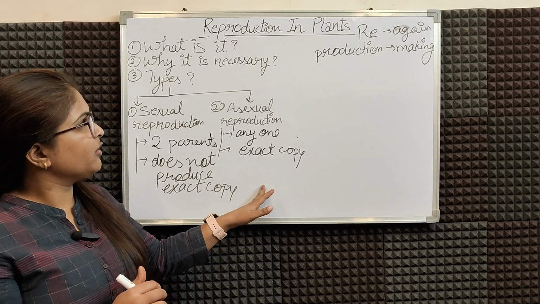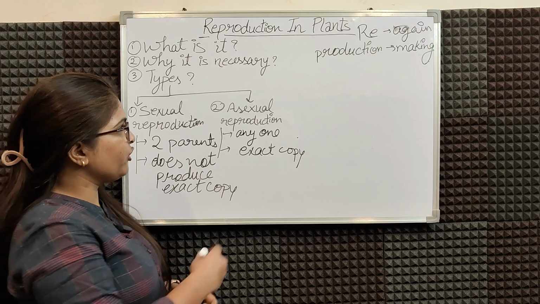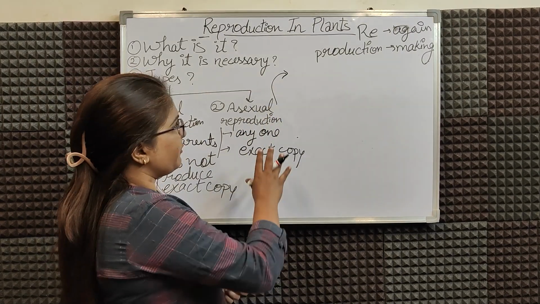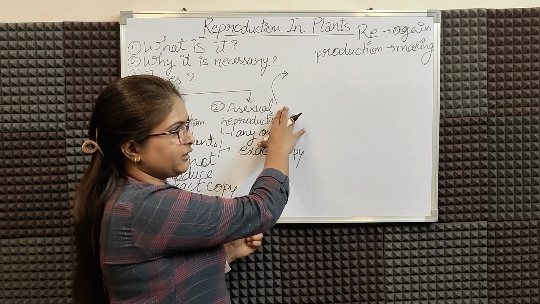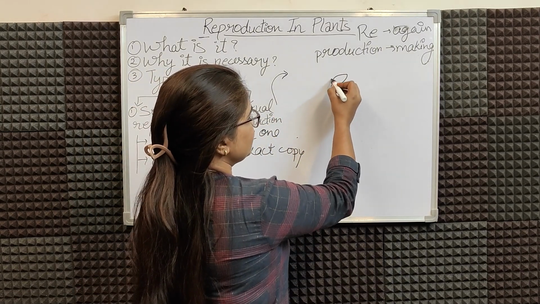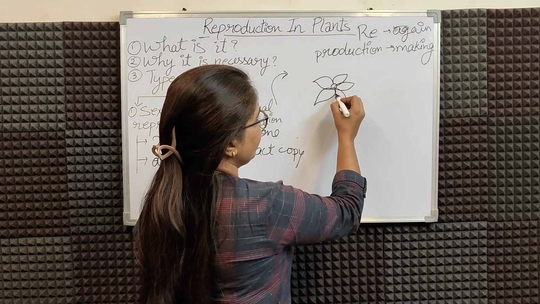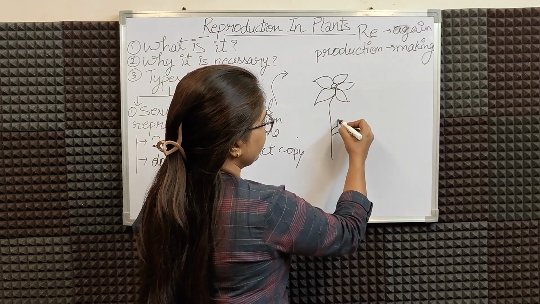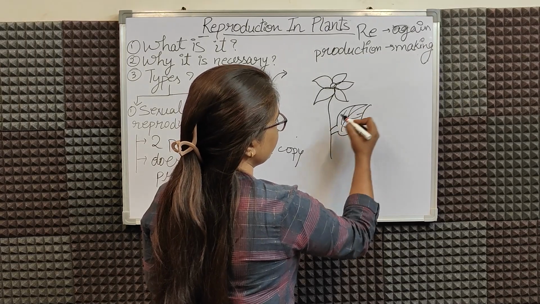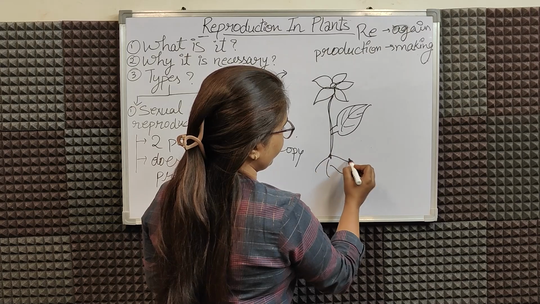As we are talking about this chapter, reproduction in plants, we have to continue with asexual reproduction, and we will understand it with the help of an example. This is the flower of a plant, and this is the leaf and the stem, and these are the roots.